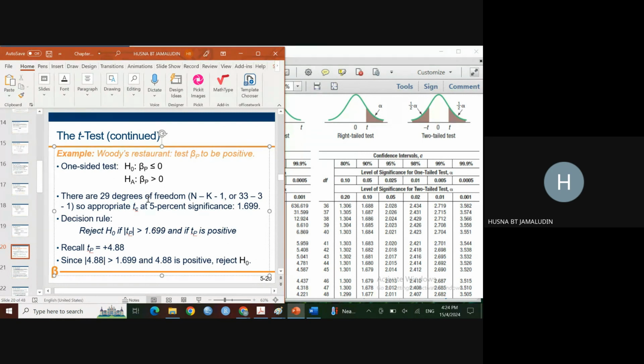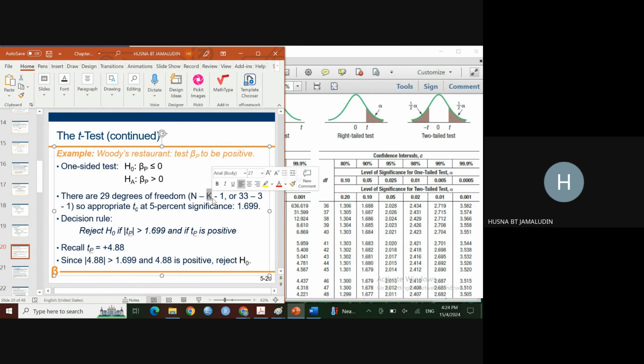So how do you actually compute degrees of freedom? In statistics, you have n minus 1. But in econometrics, you have n, which refers to your sample size. Although in statistics capital N refers to the population, in econometrics n is just your sample. So to find the degrees of freedom in econometrics, you have your sample minus k. What is this k? This is the number of independent variables.